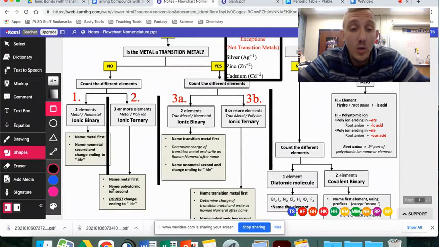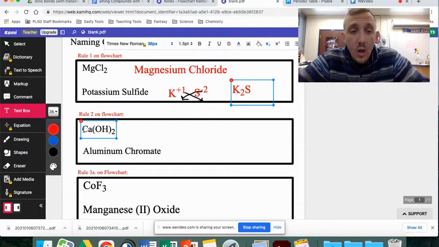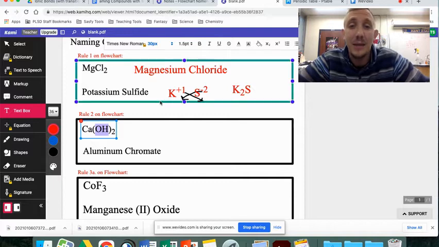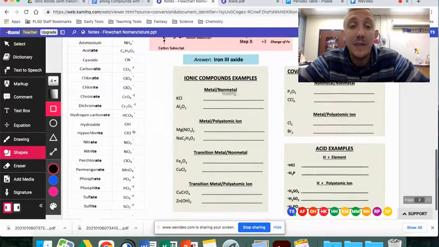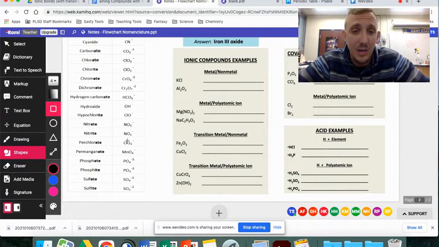Okay, all you're going to do is name the metal just like we did for the binaries, and then name the polyatomic. In this case, we do not change the ending to "ide." Okay, do not. We're going to name the metal, and then we're going to name the polyatomic. And remember, I have given you all your polyatomics right here.